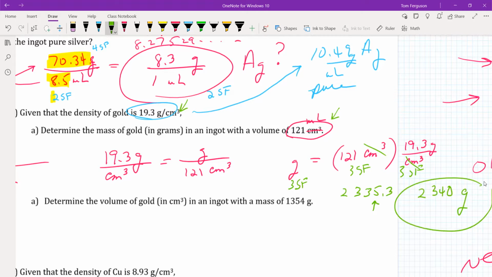Now, some of you might put 234 grams. What's wrong with that? The answer is way off. That's right. It's got to be sort of close. If it's not sort of close, then there's something going on. It doesn't make sense. That's the purpose of the 0 as a placeholder. Keep that value approximately the same. Because you've got 3 sig figs, 3 sig figs, but those are very different numbers. And this one is closer to that than the 234.